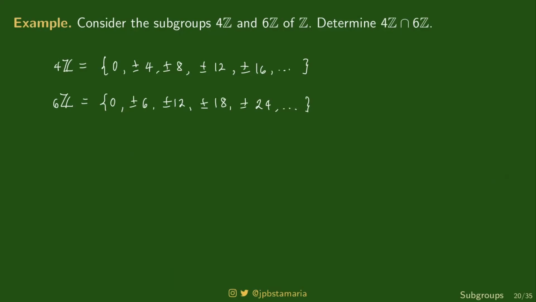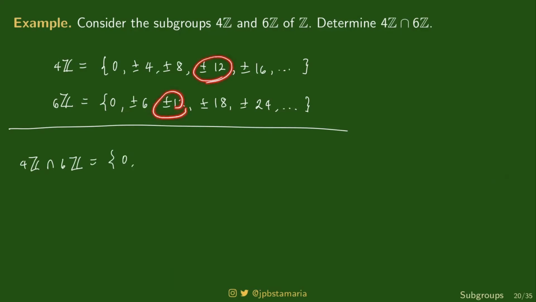To get the intersection, what do you need? Okay, of course, those which are common. Kailangan mo ito, yan. Bibilugan ko, no? Ayan. Ayan. So, lalagay mo dito plus minus 12.